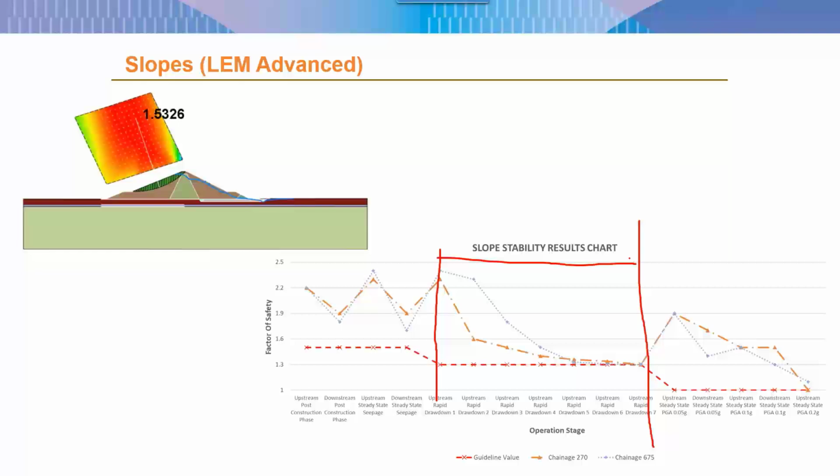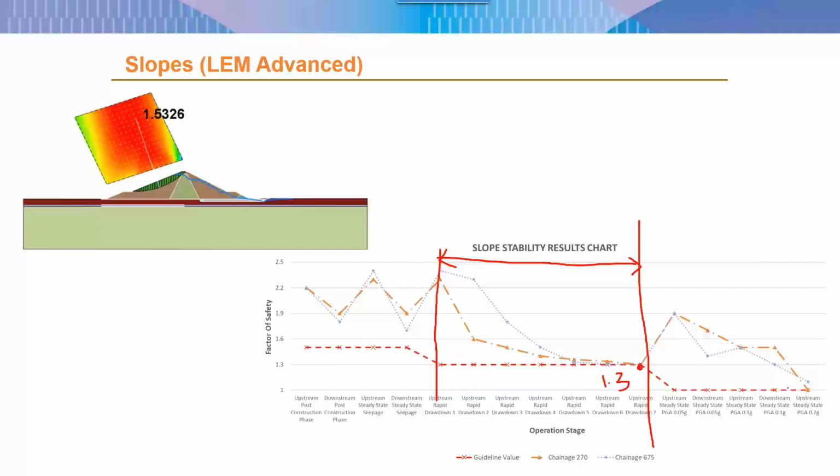So in this range, the factor of safety drops from around 2.2 to just 1.3 at the final stage of drawdown. So this is basically coupled analysis where you go for the water drawdown from the upstream side and you check for the upstream slope stability.